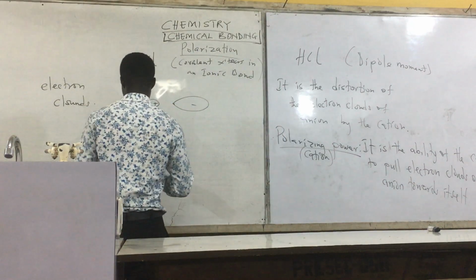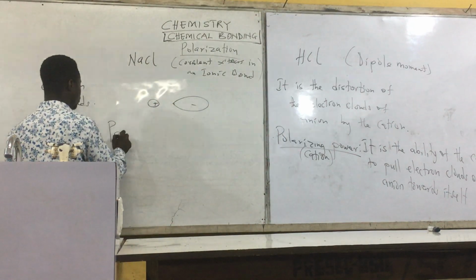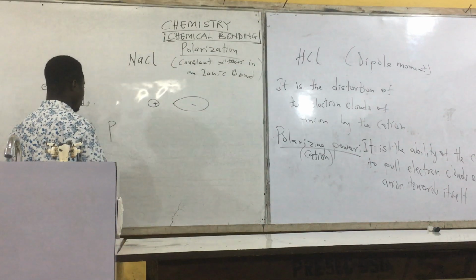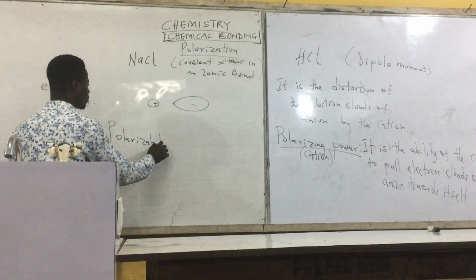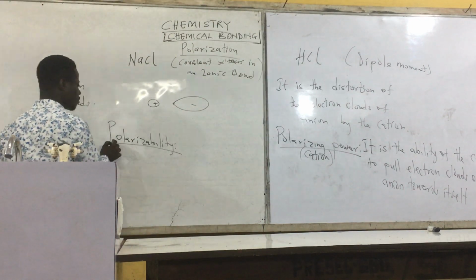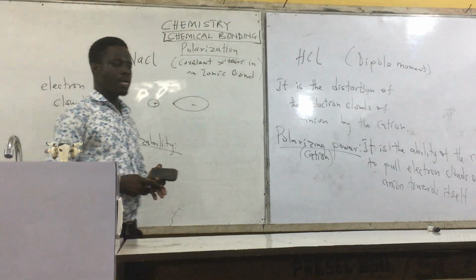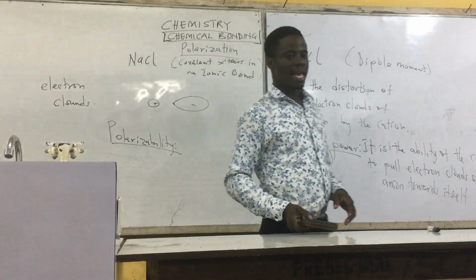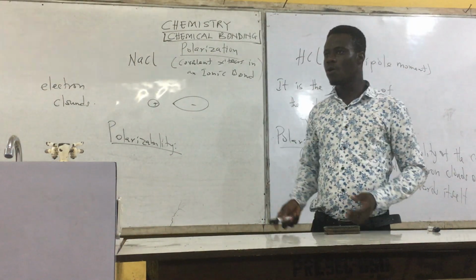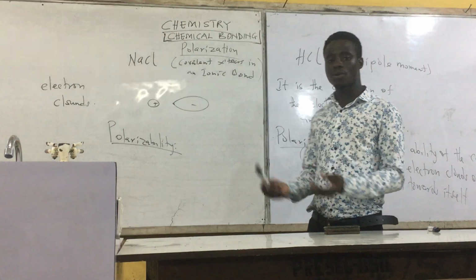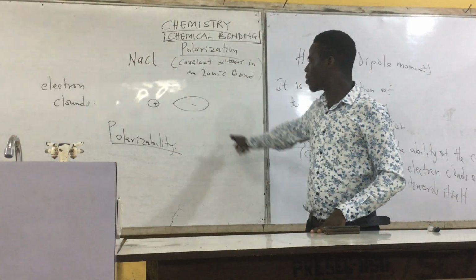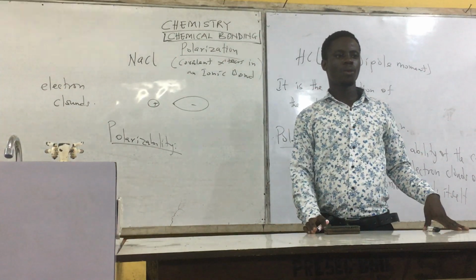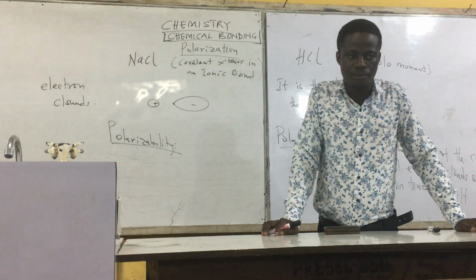But when it comes to polarizability, it is the ability of the anion, or the electron cloud of the anion, to move towards the cation.